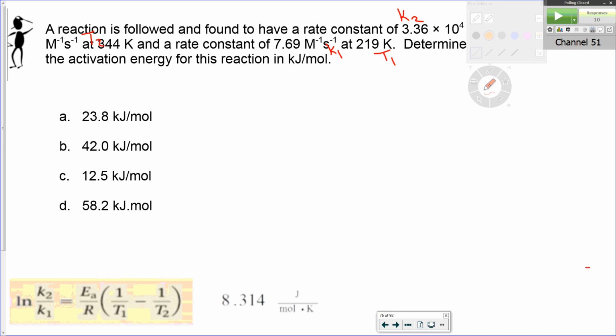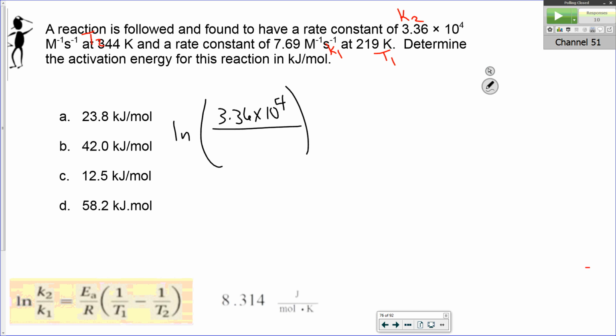Okay, so I want to plug everything into the equation and solve for it. So it'd be the natural log of K2, so 3.36 times 10 to the fourth, divided by K1, and K1 is 7.69, is equal to E sub A divided by R, 8.314 joules per mole degree Kelvin.